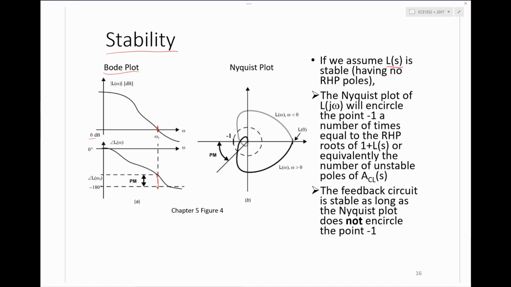When that contour is mapped through the function L, it will encircle the origin a number of times equal to the number of its zeros minus the number of its poles that are inside the original contour.